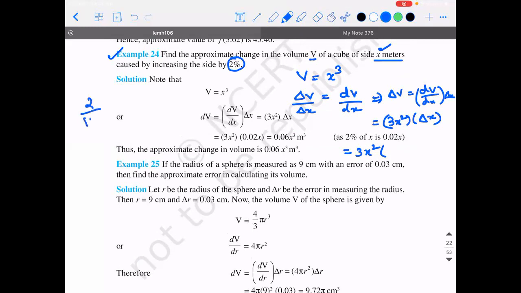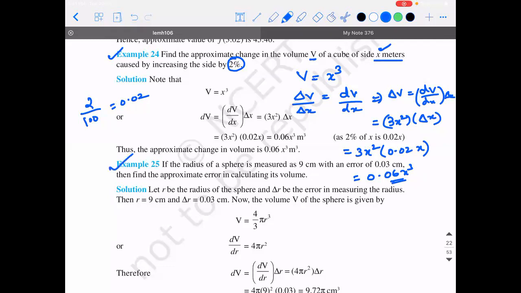It will be 0.02 times x. So it will be 0.06 x cube. So that is going to be the change in volume. Did you understand this problem? Yes, sir. Right.